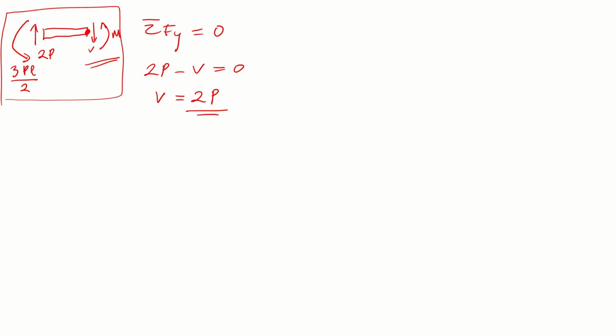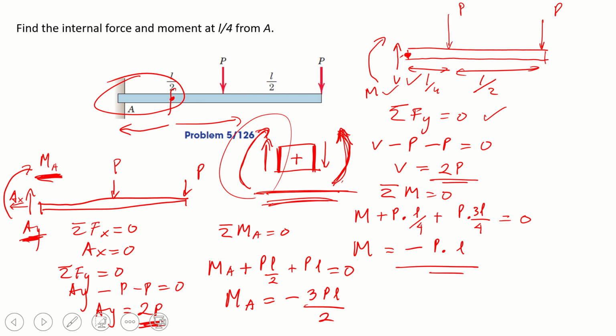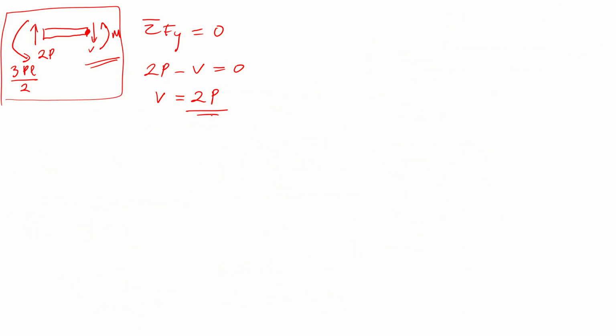I want to recheck with the previous calculation that we have done on the right part. As you can see, previously we already analyzed the right part, and this is our calculation for V at the same cut. V there is supposed to be the same as 2P, and the exact value we found here.